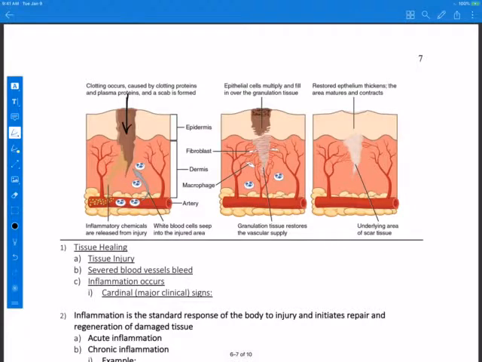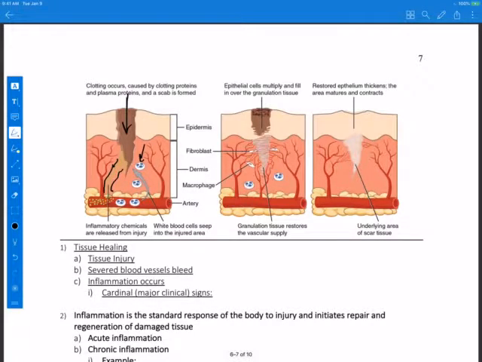Blood clotting is caused by clotting proteins and plasma proteins in the blood, and a scab is formed. Inflammatory chemicals are released from the injury, which you can see right here. And white blood cells seep into the injured area, which you can see right here.